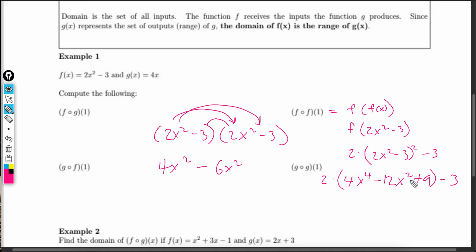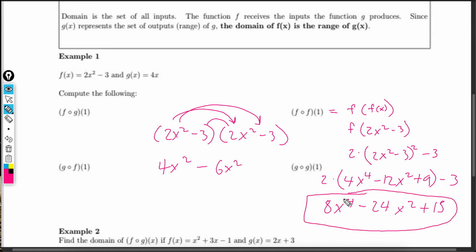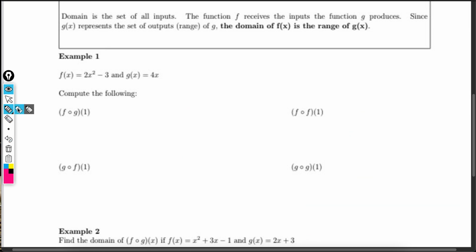So on and so forth, because it becomes all this, and when we combine like terms, it turns into this. So now we distribute this 2 into everything. All right then, and that is our final answer. I apologize if there's any background noise. Let's go to the next one.